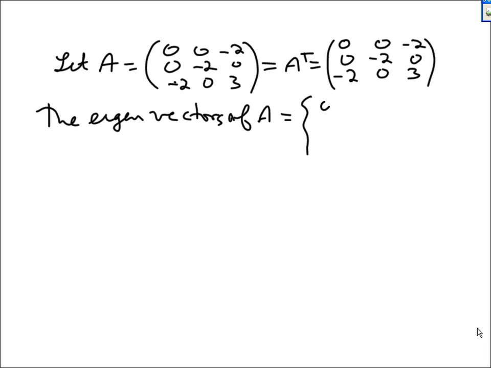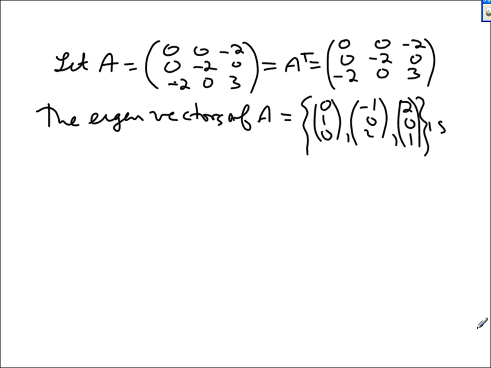The set that contains 0, 1, 0, negative 1, 0, 2, and 2, 0, 1. This set is orthogonal.